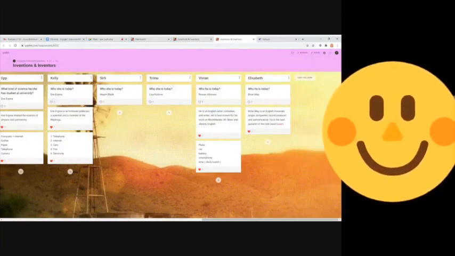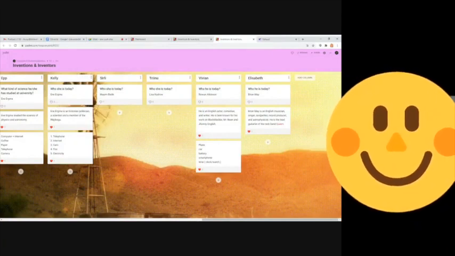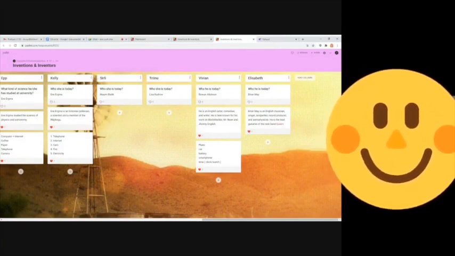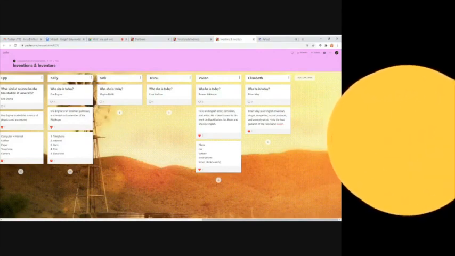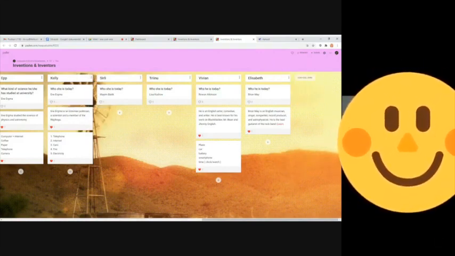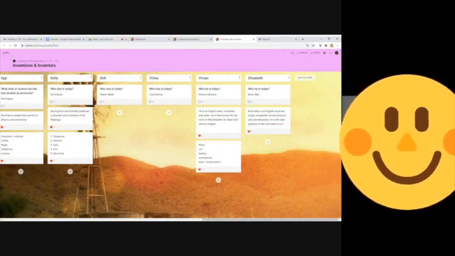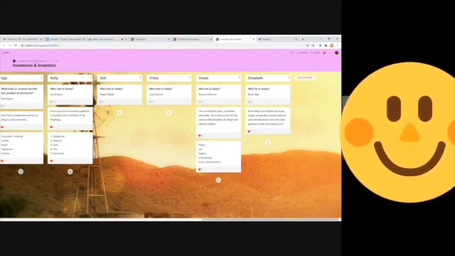The first thing on my list is a plane, because you can fly. And I have a car because you don't have to fly, you can travel on your own.